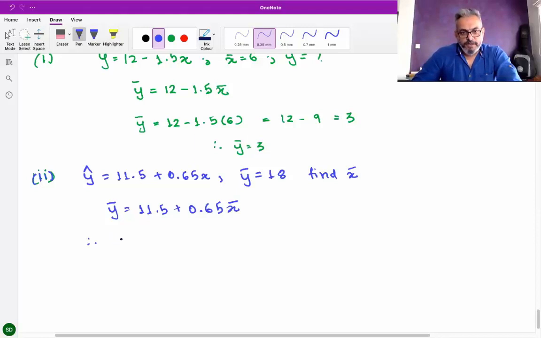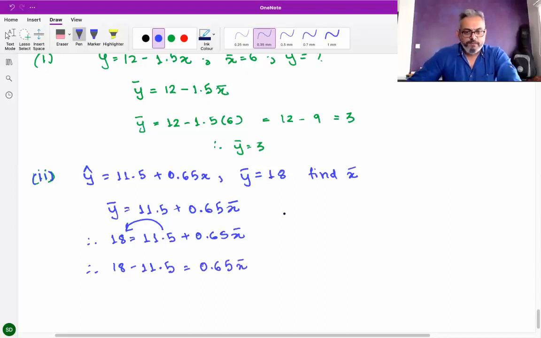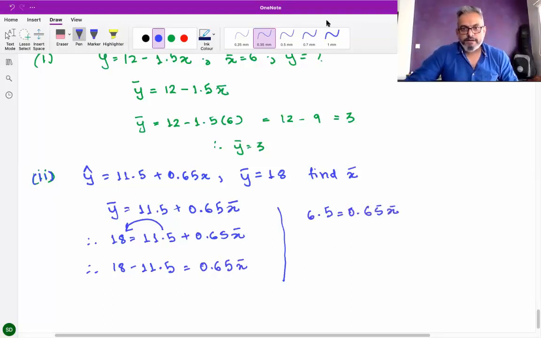Therefore, 18 is equal to 11.5 plus 0.65x bar. So this 11.5 will come over here. So it will become 18 minus 11.5 is equal to 0.65x bar. So 18 minus 11.5 is 6.5 is equal to 0.65x bar.